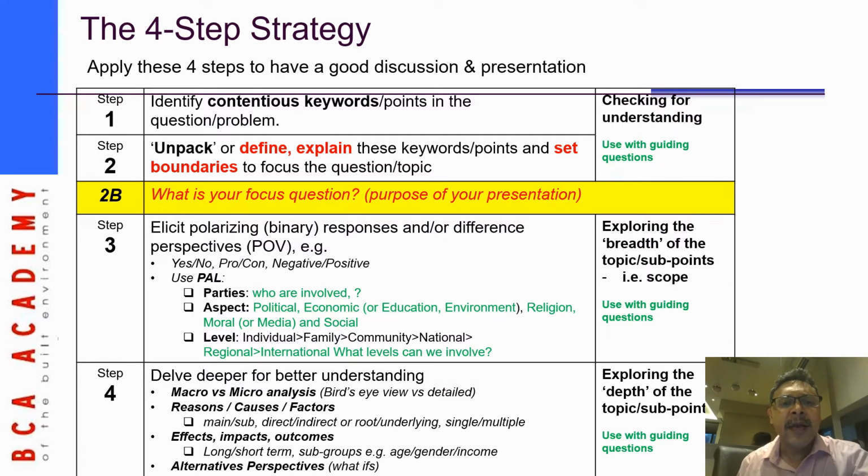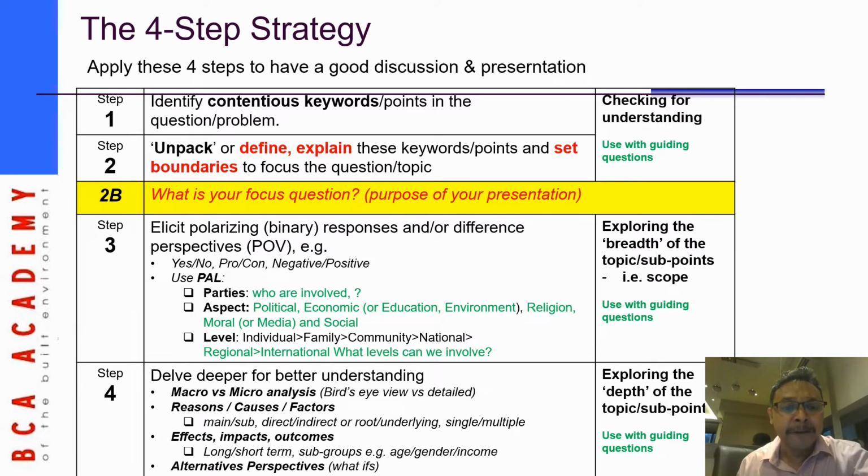That means explain the keywords, define the keywords so that you yourself understand these key points very well. Once you have identified and explained the keywords, ask yourself, what is the one focus question? What is the main thing that you want to focus on in your presentation? Simply, what are you trying to achieve in this presentation?